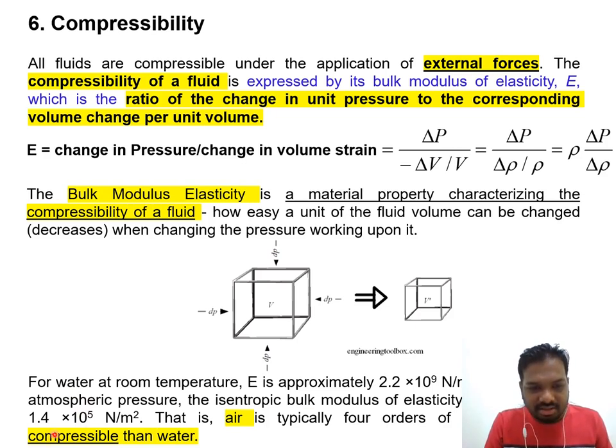This value is lesser, meaning it will be more compressible. So the smaller the value of E, the more compressible it is. This is 10 to the power of 5, this is 10 to the power of 9, 4 orders different.